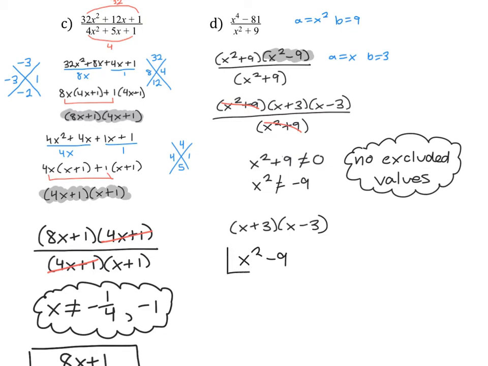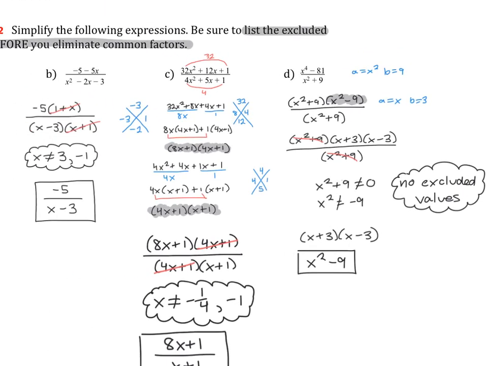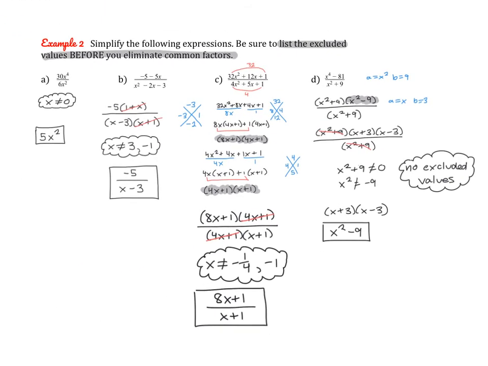So our final answer goes back to x squared minus 9. We still need to factor it in this step just to make sure there's no common factors, but this will be our final answer. All right, so again, factor if necessary, list your excluded values, and then you can cancel out common factors to simplify.